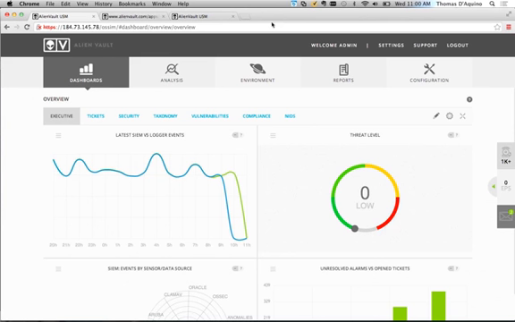We're running checks against individual operating systems as well as applications and network devices. All told, we have over 30,000 vulnerability checks in the system that allow us to assess your network very thoroughly.